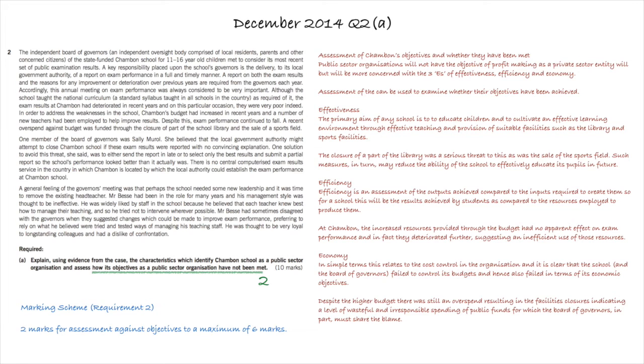So therefore, lastly, despite the higher budget, there was still an overspend resulting in the facilities closures and indicating a level of wasteful and irresponsible spending of the public funds for which the Board of Governors in part must share the blame. So we could conclude then by saying that on each of those 3 general types of objective Chambon has failed to meet its objectives.